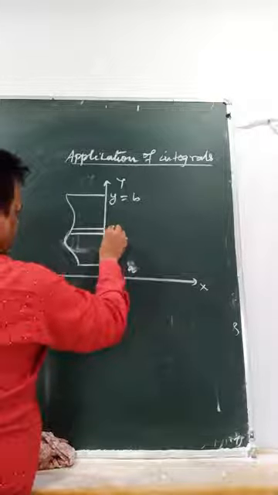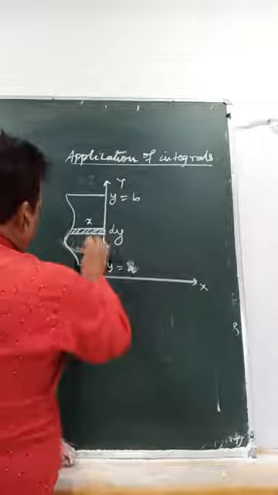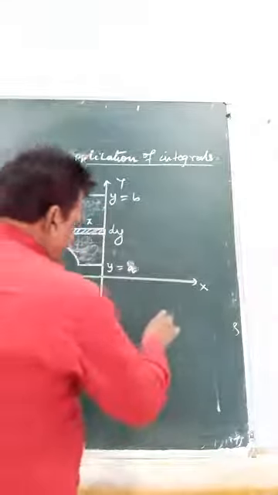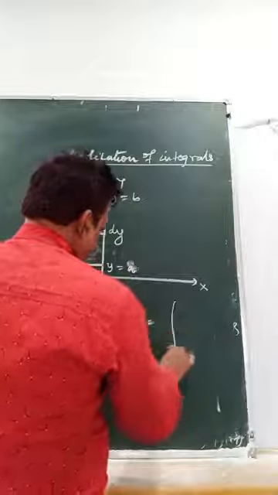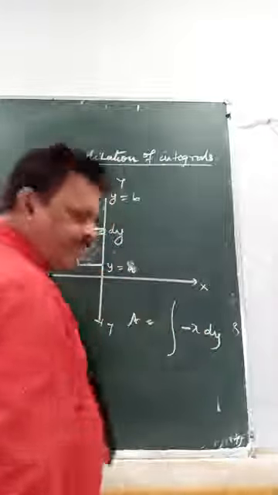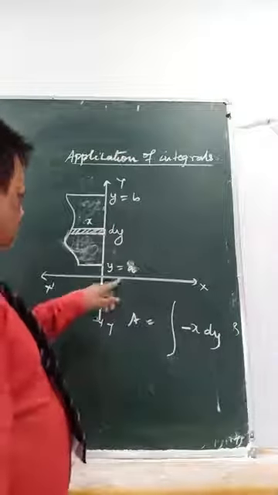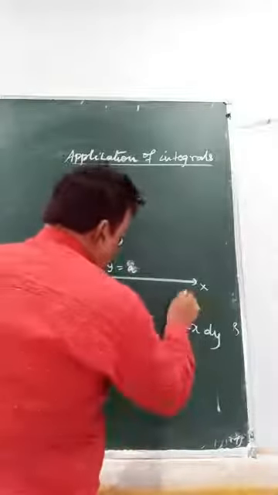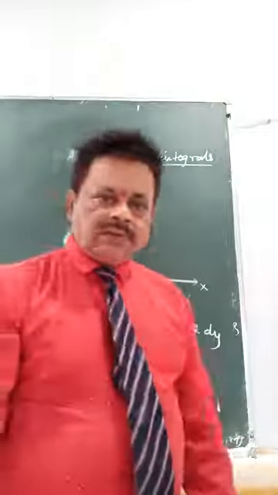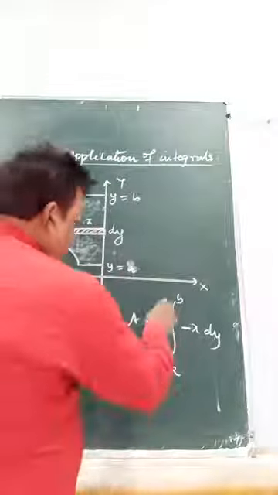This is your dy, this is your x. But if it remains to the left side, then area is x dy, but negative x. Why negative x? Because you are taking to this side. Limit is a to b. Also you can imagine negative x because on the left side x is negative. Negative x dy. Since area cannot be negative, we will take a modulus sign.